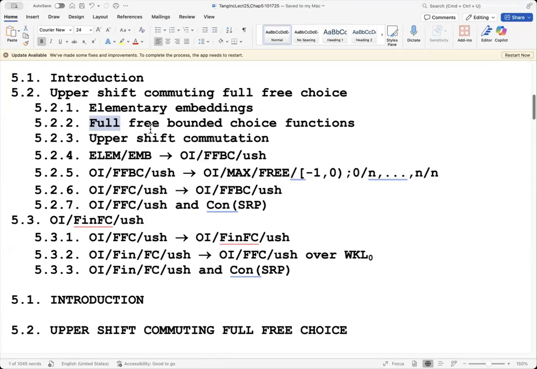And then there's this notion of bounded that turns out to be important that we'll discuss. So there's a thing called full free bounded choice functions, and you can always get a full free bounded choice function. We're going to prove that. But then there's this thing called upper shift commutation. That means commuting with the upper shift, that is, F circle upper shift equals upper shift circle F. This turns out to be the master equation that drives the high strength.